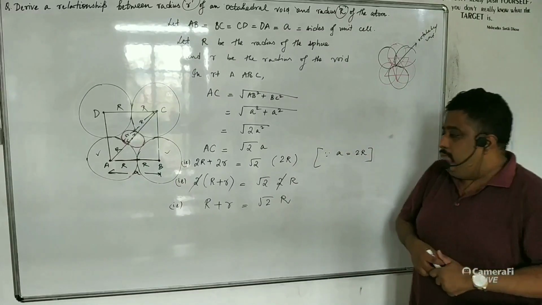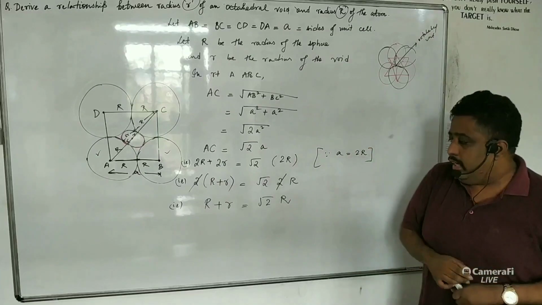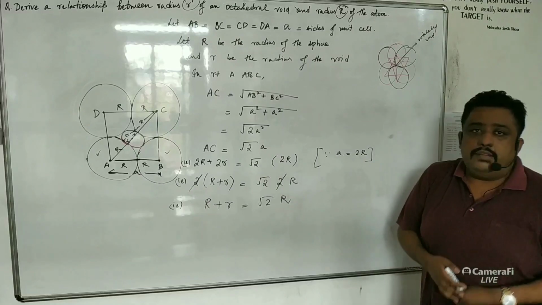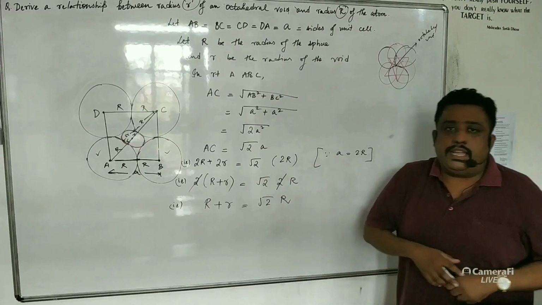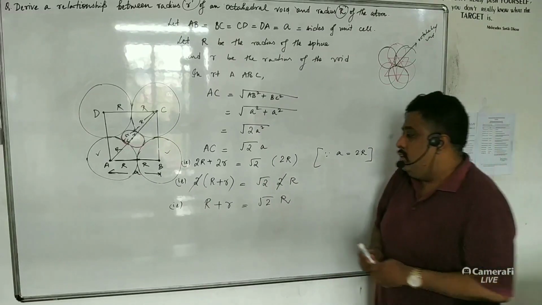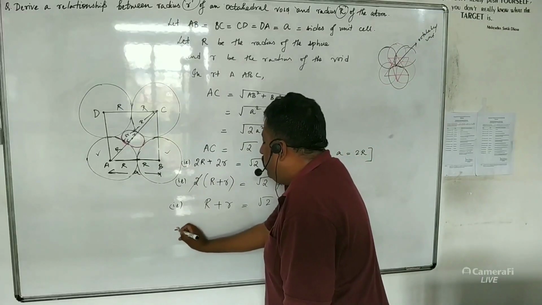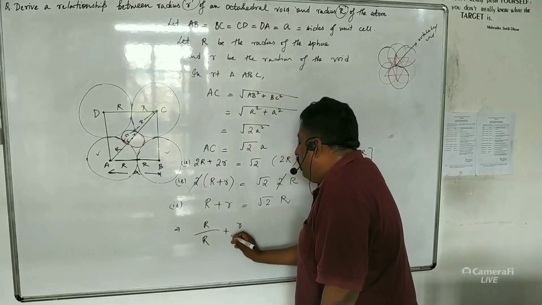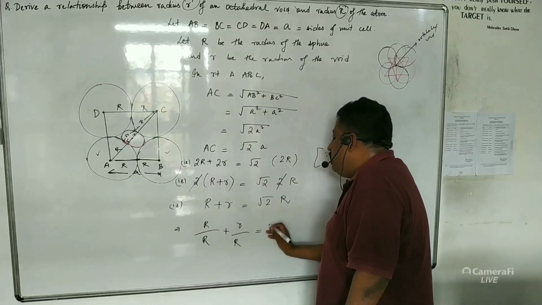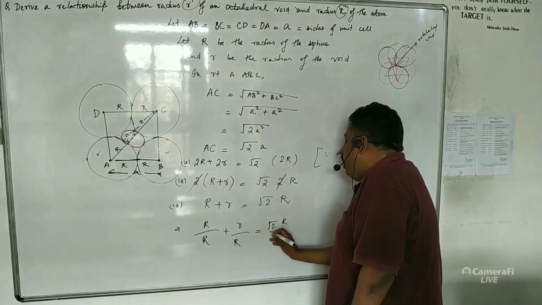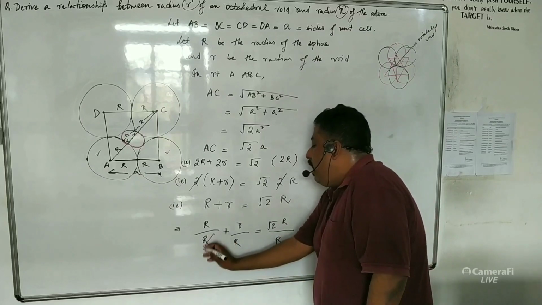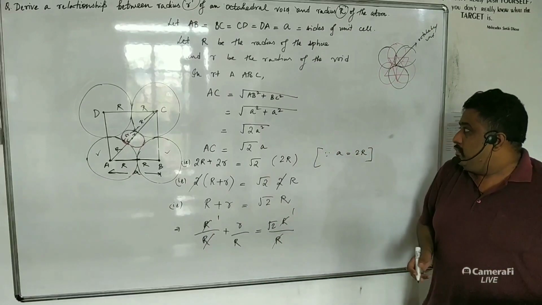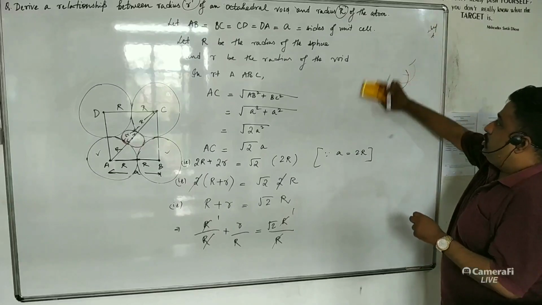Now I'll try to eliminate this capital R over the right hand side. How will I do it? I'll divide by capital R on both sides. So when I divide by capital R on both sides, I get R by R plus r by R is equal to root 2 R by R. Now this R and R go, this R and R go.